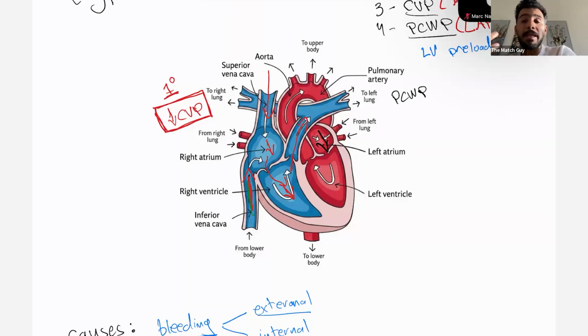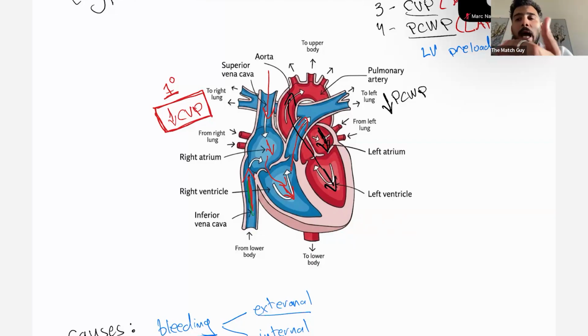Since now we have less blood in the right heart, we're definitely going to have less blood coming back to the left side of the heart. So the PCWP should also fall, okay? Now, less blood is coming back to the left atrium, less blood is coming back to the left ventricle, and now the left ventricle has to be pumping this blood through the aorta into the rest of the vascular system and into the rest of the body.